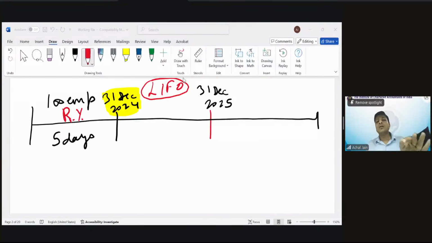It's not 23, 24. I can see a lot of responses are 23, 24. That is wrong. It is year ended on 31st December 2024. Everyone clear on this? Yeah, everyone clear? It is January to December. Great.